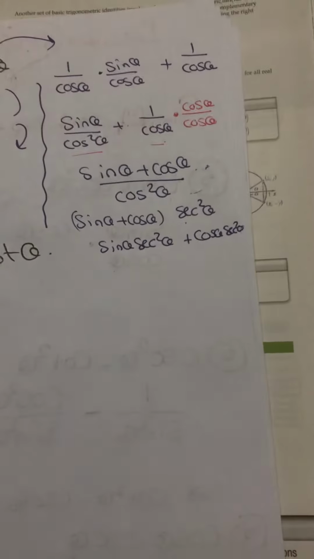Sometimes you will feel stuck, then you will have to think of another way. But I'm sure I can handle this. I am lost. Oh, I cannot split here, because if I split, I'll go back to the beginning, right? And now when I distributed, I want to reach sec cubed.